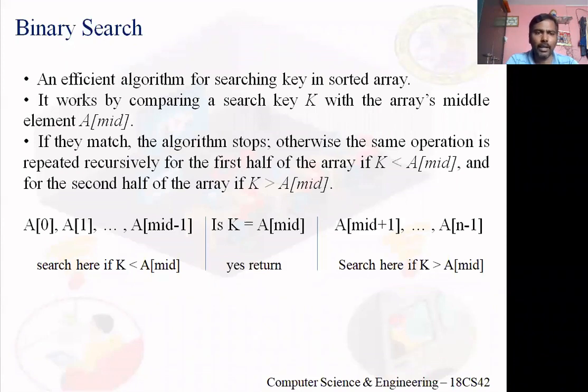The main operation in binary search is comparison. It works by comparing a search key k with the array's middle element.